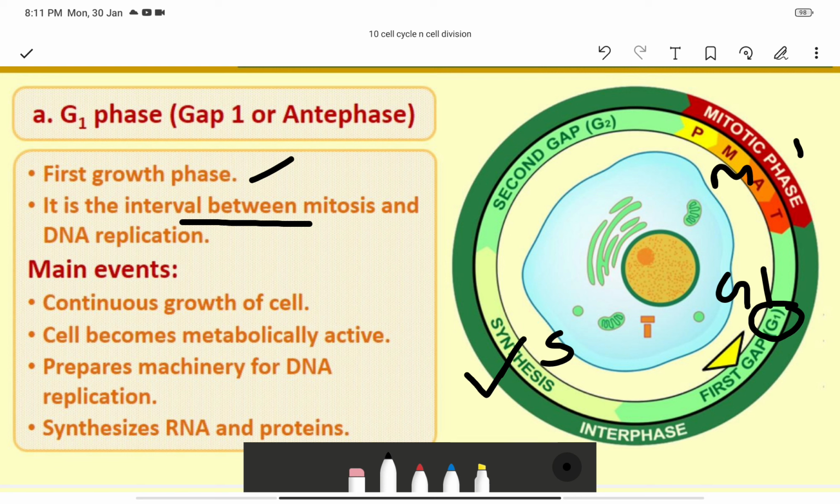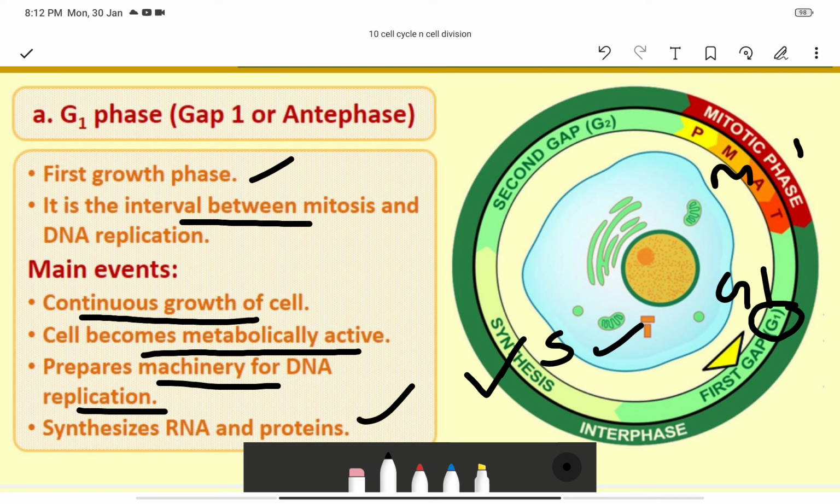Here the cell continuously grows and is metabolically very active, and it prepares the machinery for DNA replication, which will take place in the next phase, the S phase. For that, it prepares the whole machinery. RNA and protein synthesis also take place in the G1 phase.